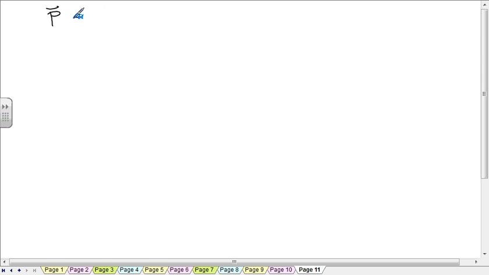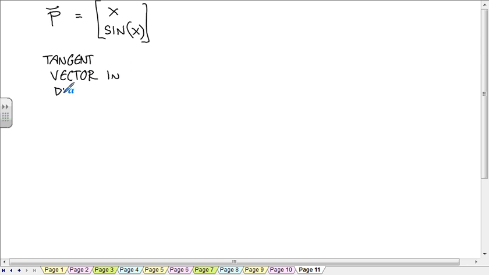Well, our position vector is equal to (x, sine of x). And so a tangent vector in the direction of increasing x is the derivative of the position with respect to x, so (1, cosine of x).